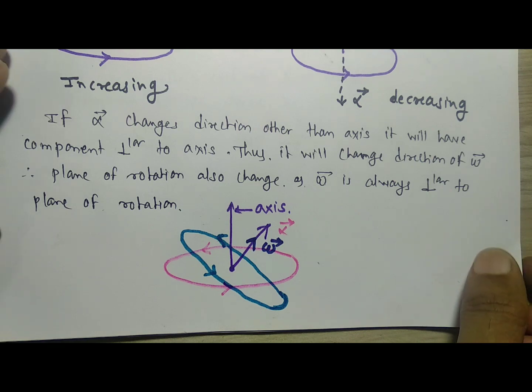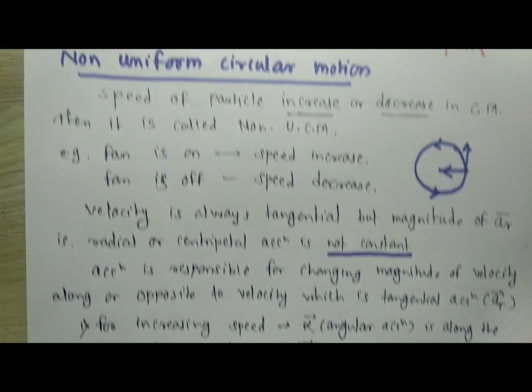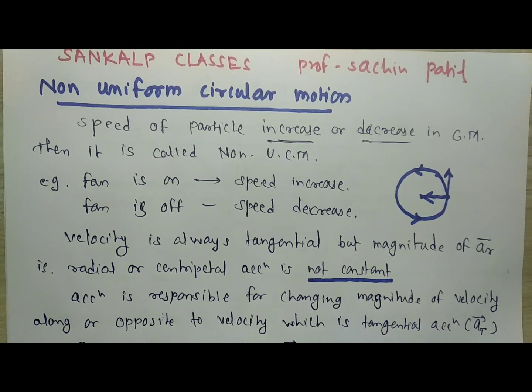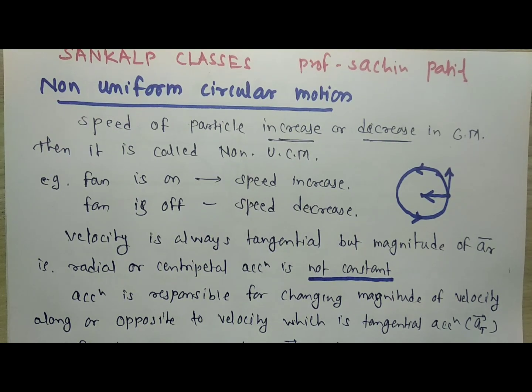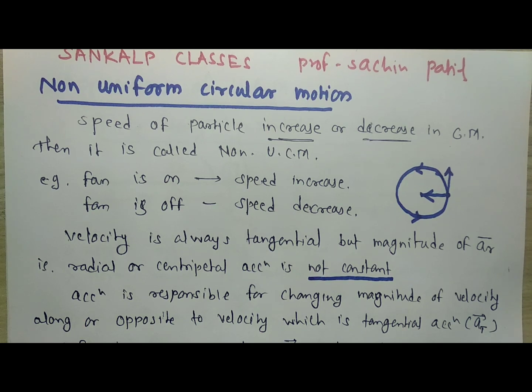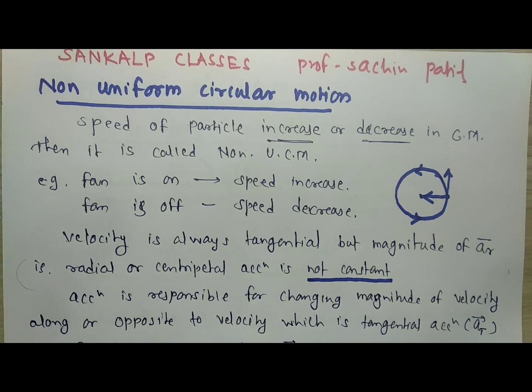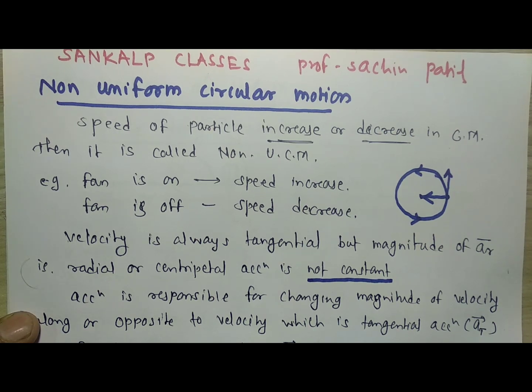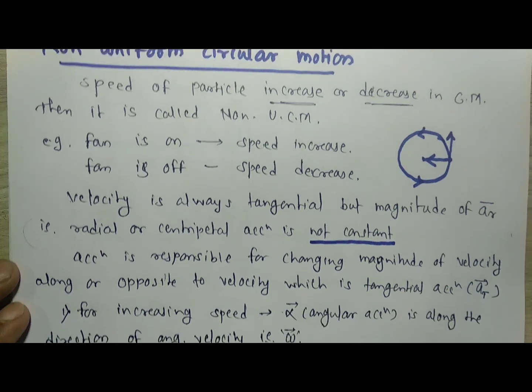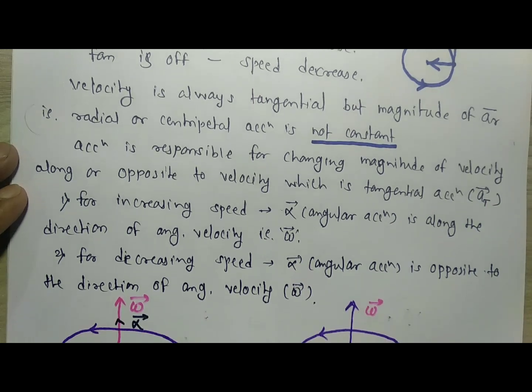That is non-uniform circular motion, where first of all we have to consider what non-uniform circular motion is. Increasing or decreasing speed of a particle in circular motion is non-uniform circular motion. That means the speed of the particle increases or decreases, for example a fan being on or off, and you will get a non-constant radial acceleration.